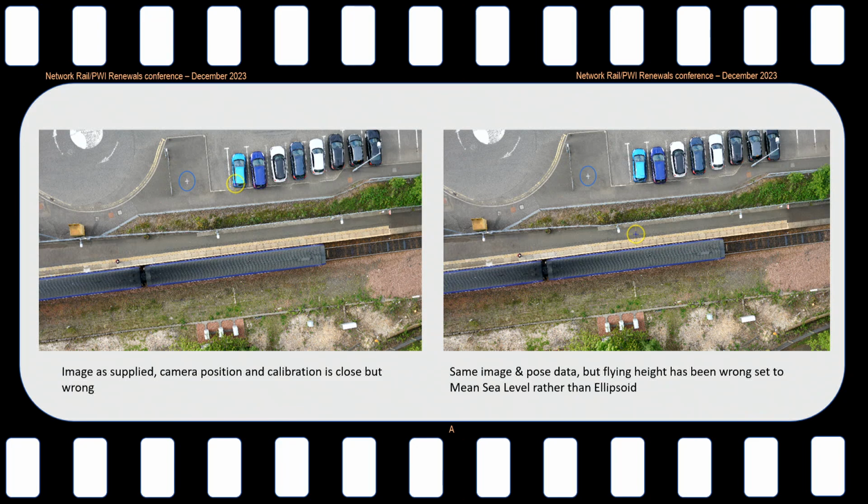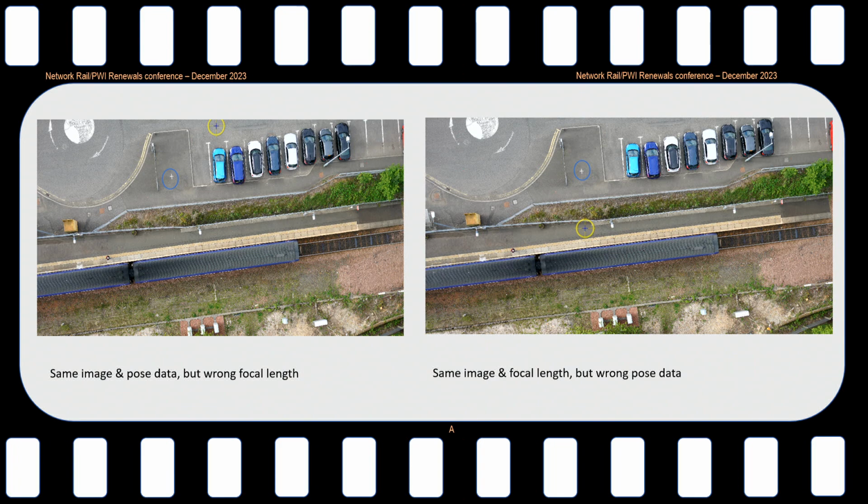The one on the left-hand side was as supplied. I've then made a change to the sensor height, or the flying height. And you can see there, same image, but my yellow circle's moved. So there's an error creeping in.